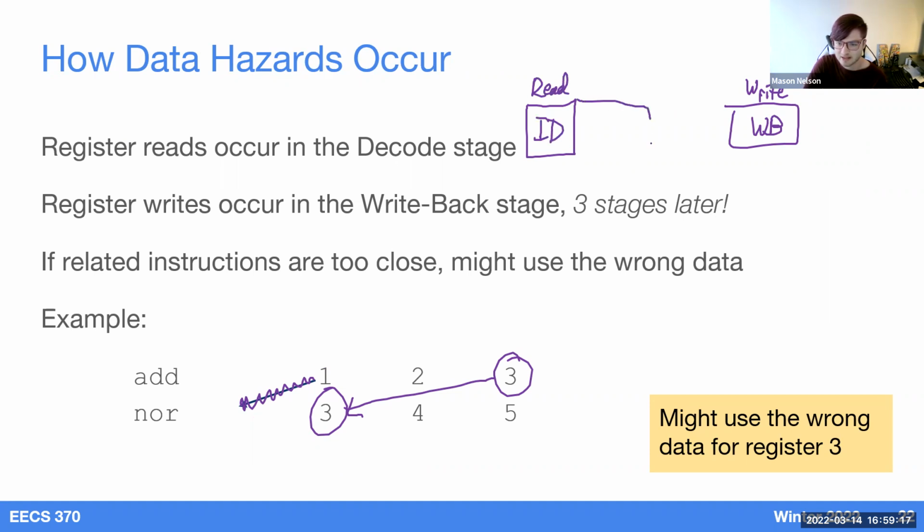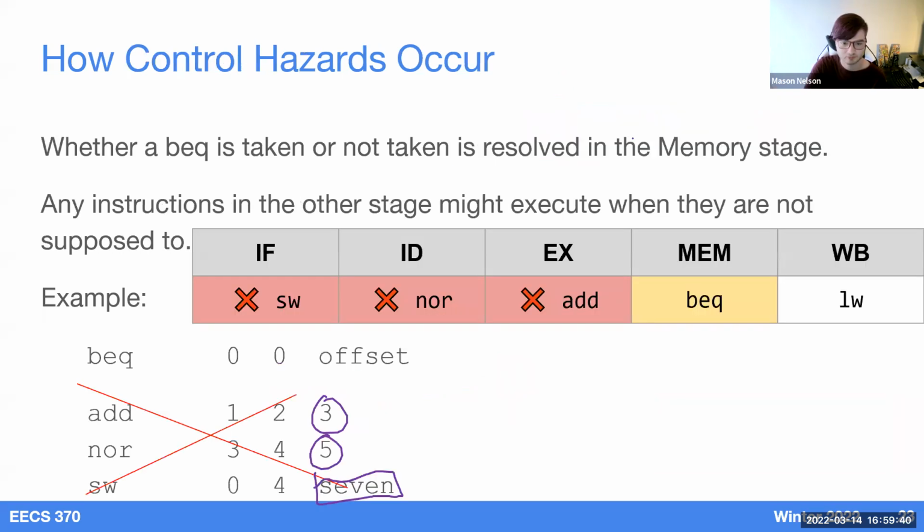So that means that in between, we have 2 stages where we don't want anything to read that same value. And so that means that any of the 2 instructions after an instruction that writes to a register, if they read that same register, then that's going to be a data hazard. So if it's more than 2, then it's fine.